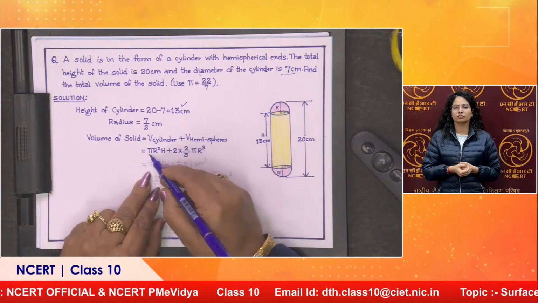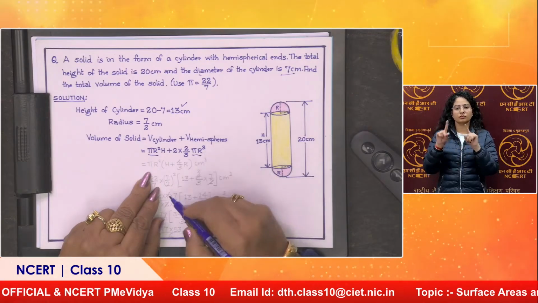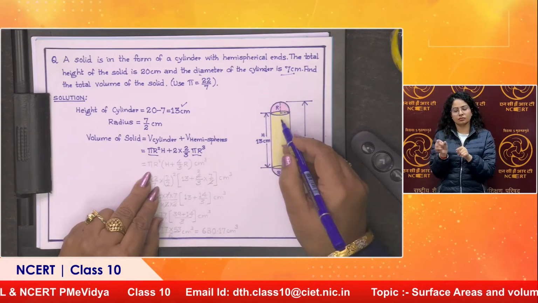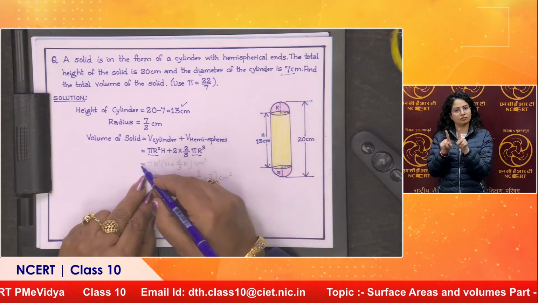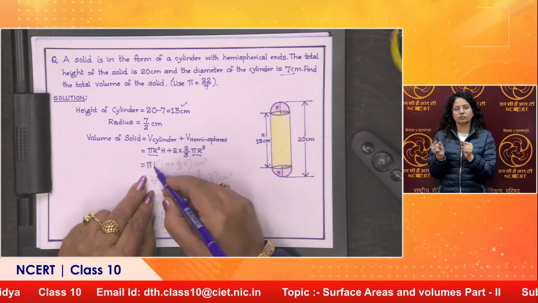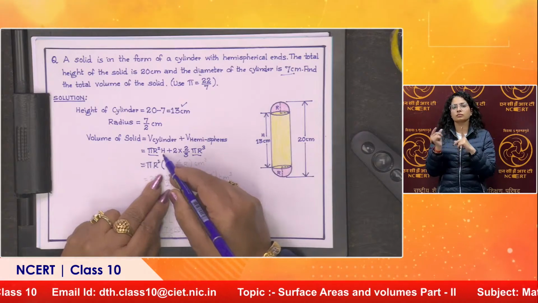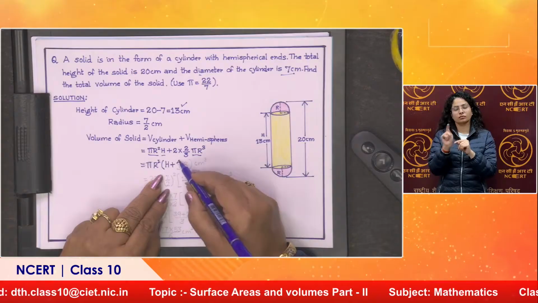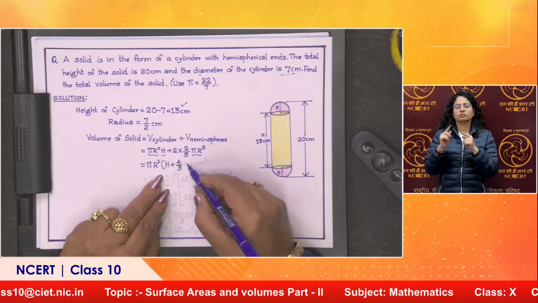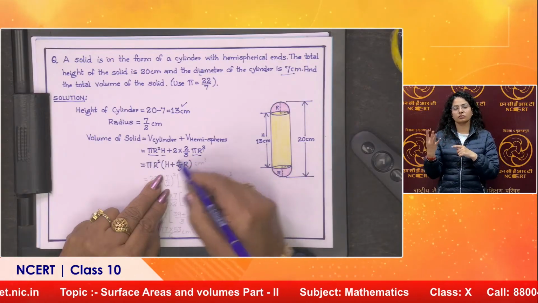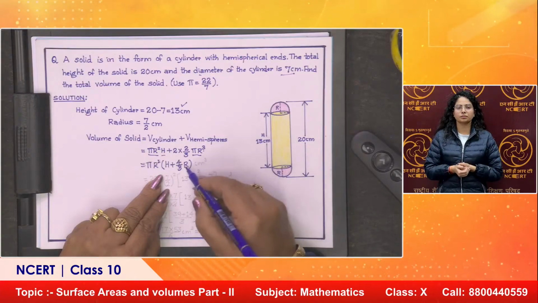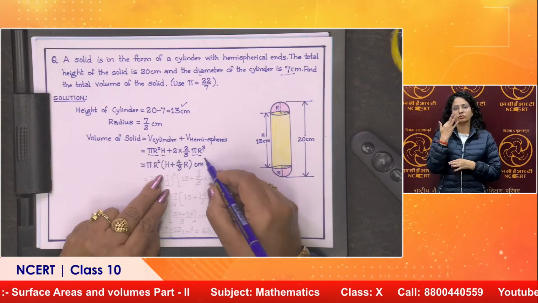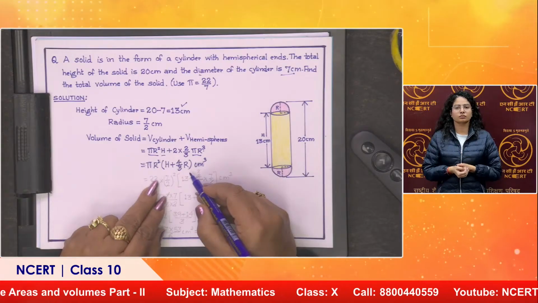Okay. Now again, let us take out common. Can you see the radius is same, children? That is the benefit we have. So, we can take out common, we will have pi r square, and what is left here? Height h plus 2 into 2 gives me 4 upon 3 into r, because r square is already outside, only one r is here. So, we will have this calculation to be performed.